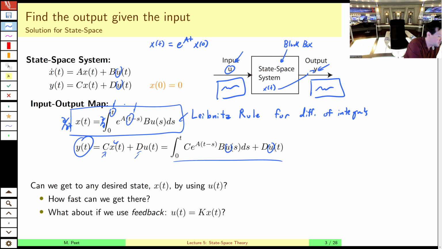You basically differentiate once with respect to the integrand, and then you differentiate once with respect to the limits of the integral. And of course dt of t is just 1, and dt of 0 is just 0. And so you get two terms.